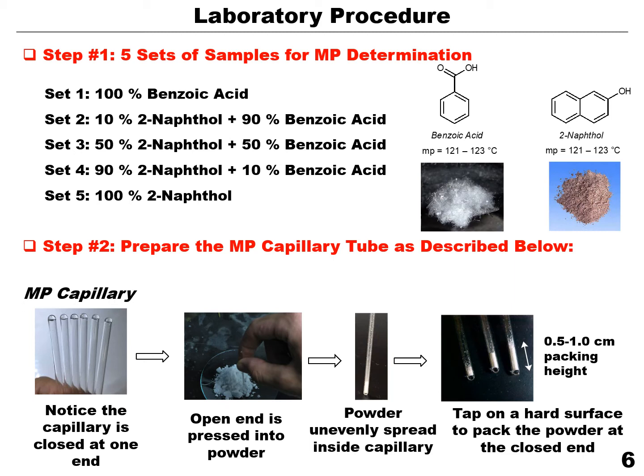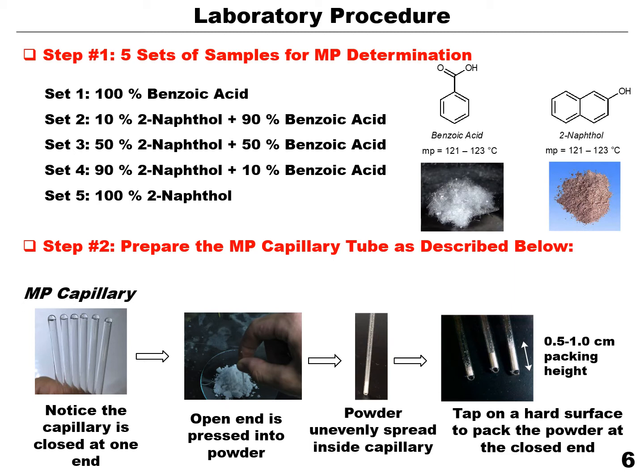In fact, we have two kinds of capillary. The one with both sides open is commonly used in chromatography for spotting samples, whereas this one side open, one side closed capillary is used for melting point. It's called a melting point capillary tube.